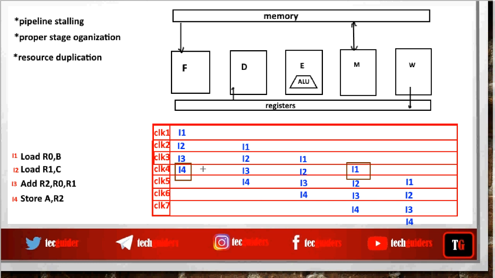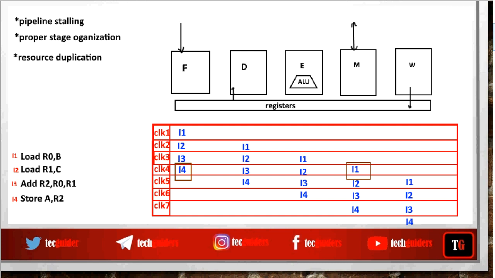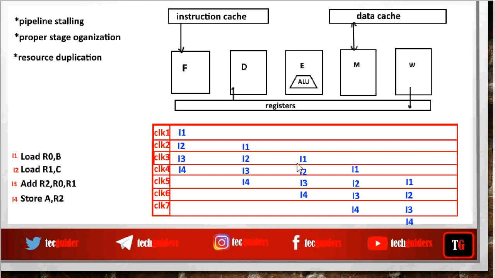Here we can see the hazard is caused by one instruction being fetched from the memory at the same time the data is being accessed by another instruction. So in one stage we are fetching the instruction, in another stage we are accessing the data. If we can split the memory into two parts, instruction memory and data memory, this problem can be resolved.